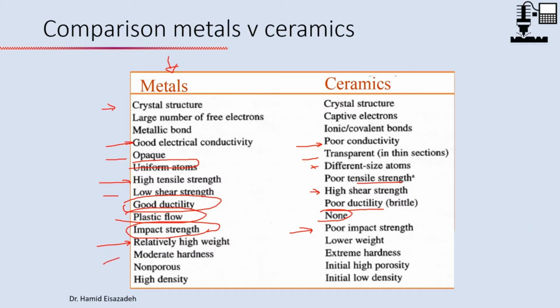The hardness of the metals is lower than the ceramics. Ceramics are very hard materials, and metals have high density, but in the ceramic we have low density, as we mentioned here. Because of the low density, the weight is going to be lower than the metal.